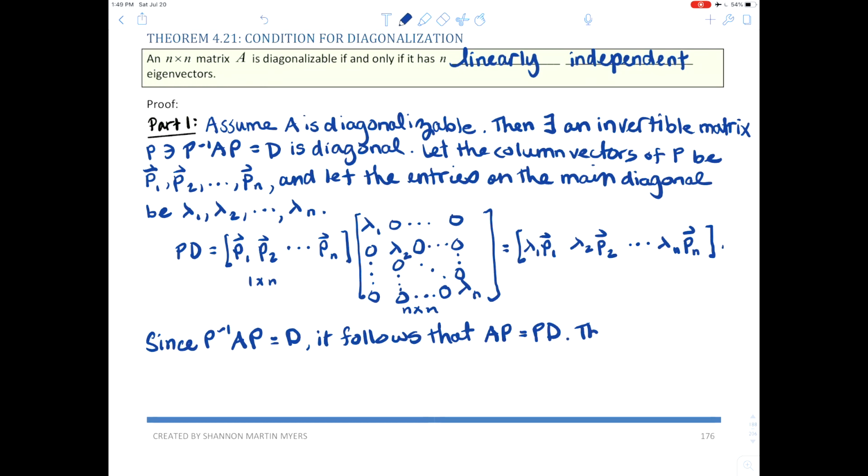All right. This implies, well, what would A times P be? Good.